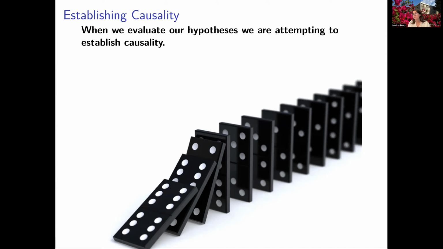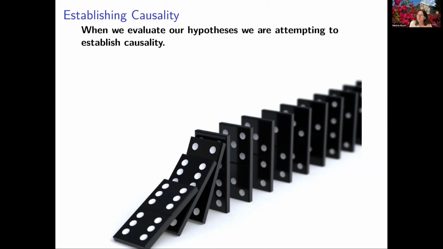One of the big visualizations that people will give when they're talking about this idea of causality is the image of dominoes and the domino effect, right? So when you push that first domino, all the other dominoes behind it will fall down, because of the force being placed on that first domino. So the first domino causes all the other dominoes to fall.